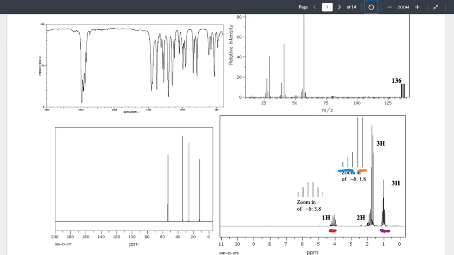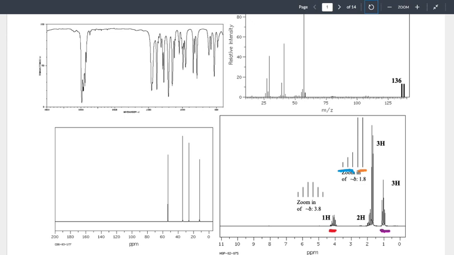Which means in my formula of C4H9Br, I can only have 1 more carbon to explain 3 more signals. And the other 3 hydrogens have to be identical to each other. The odds that I get that much symmetry in my molecule are slim to none. It can happen, but it's rare.